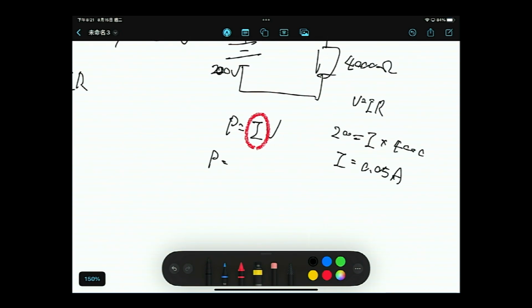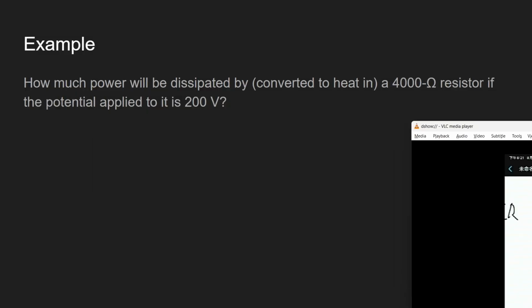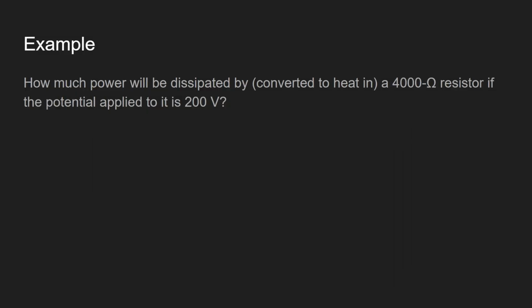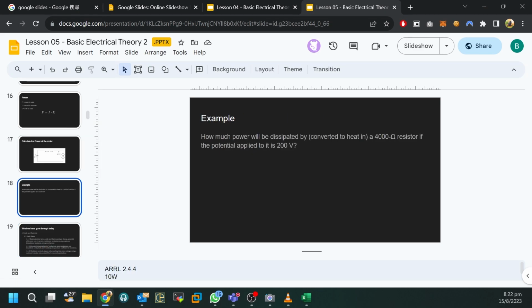Now P equals 0.05 times 200, which equals 10 watts. This is how you calculate. So we can check our answers. Yes, 10 watts. So you know how to calculate.